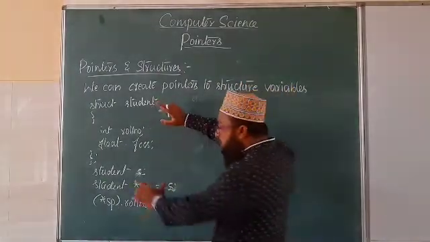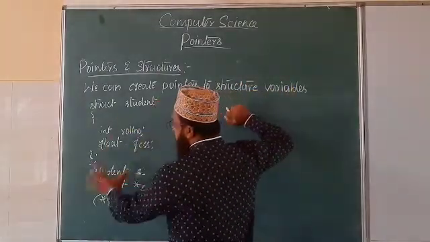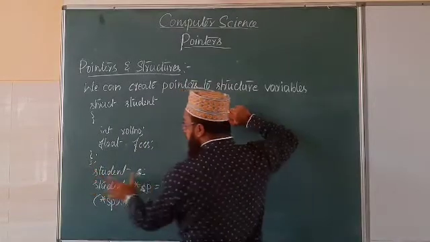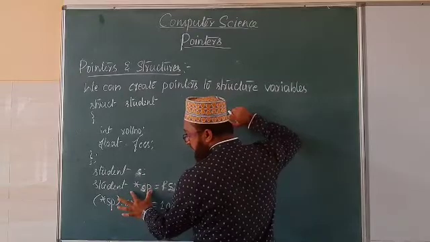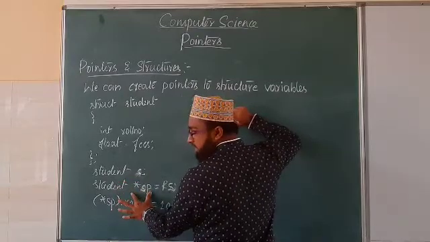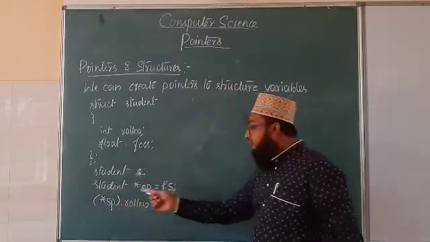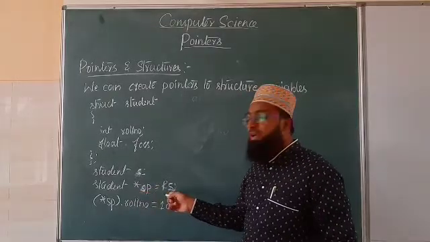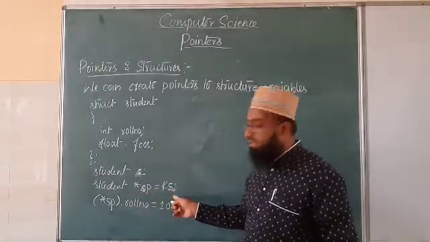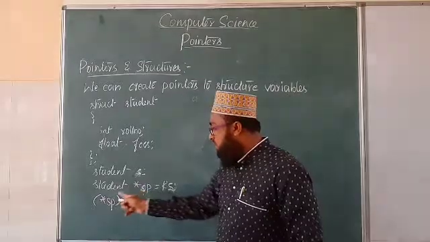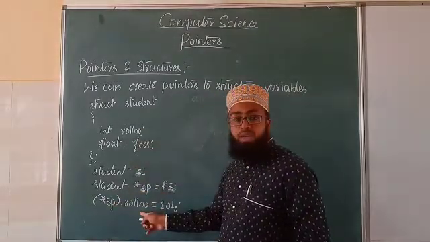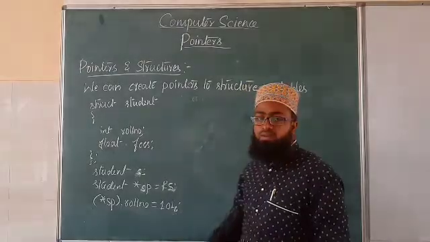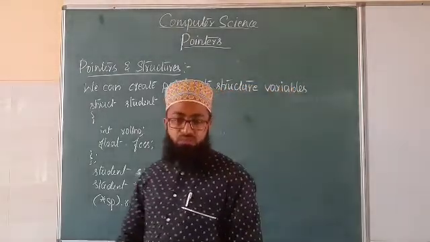Like this, we have to use pointers with the structure. For using a pointer, with the structure name we take one separate name and assign it as a pointer, and this pointer is assigned its address. Then, if we use this pointer with dot and the variable, we will finally get its value.